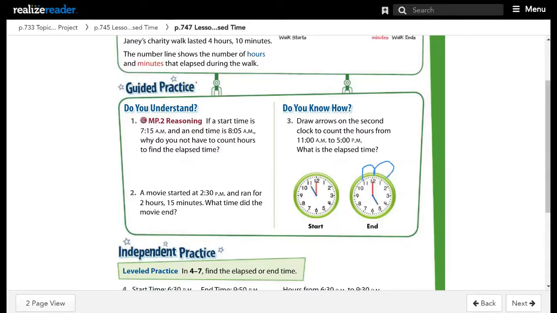From 12 to 1, 2 hours, 3 hours, 4, 5, and 6. So the elapsed time is 6 hours.